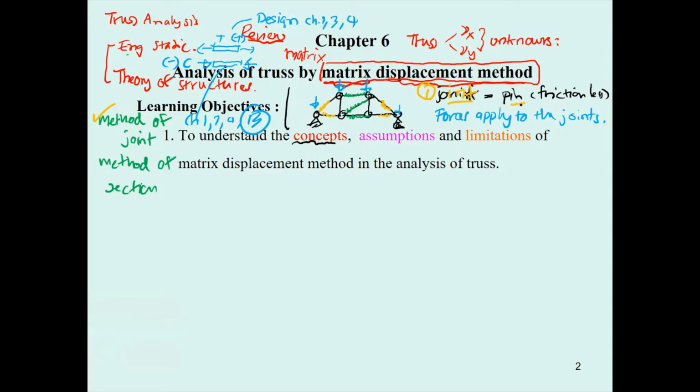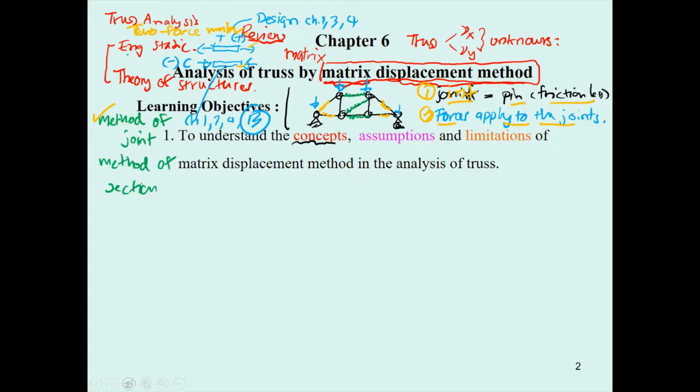First, the joint is a pin, a frictionless pin. And second, the external forces are applied to the joints. And the member is the so-called two-force member, which is in tension or in compression.